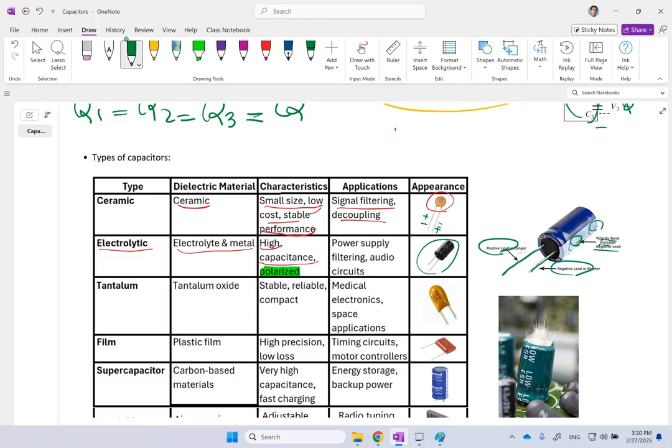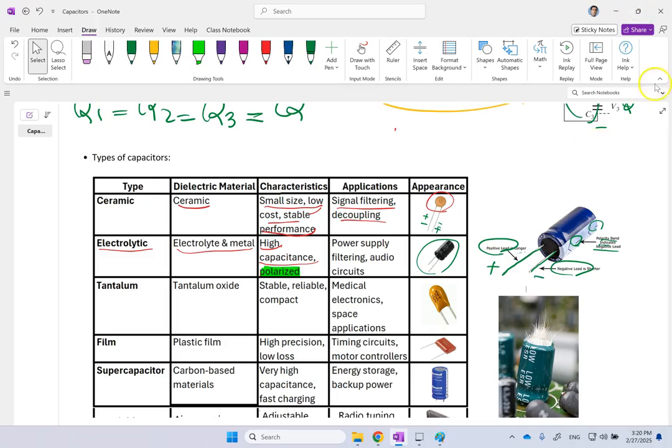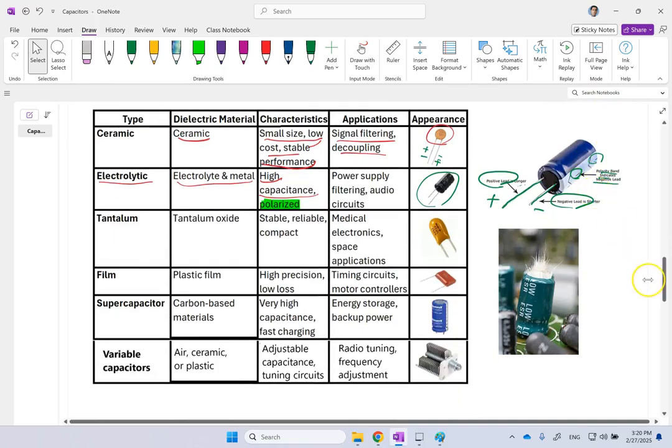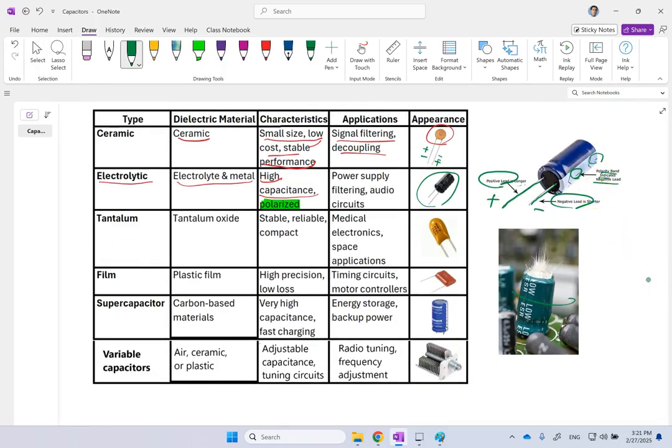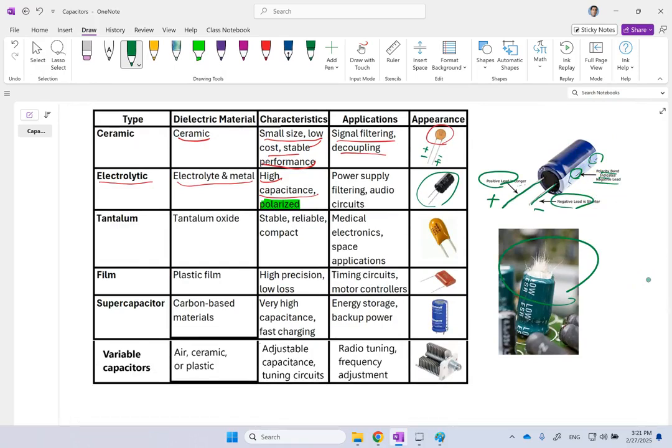So you have to make sure this side is always attached to the positive of the battery, this side is always attached to the negative. If you do it the other way, they are not going to be happy, and by not happy I mean they are going to explode many times. And if they explode, they can hurt the electronics, they can hurt you, and many other things. So you need to make sure that you observe their polarity.